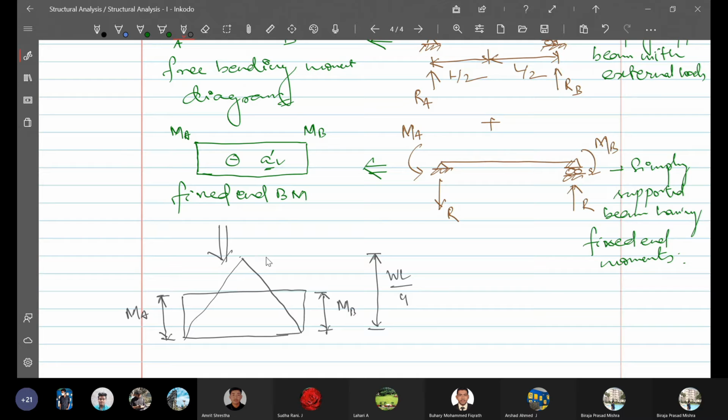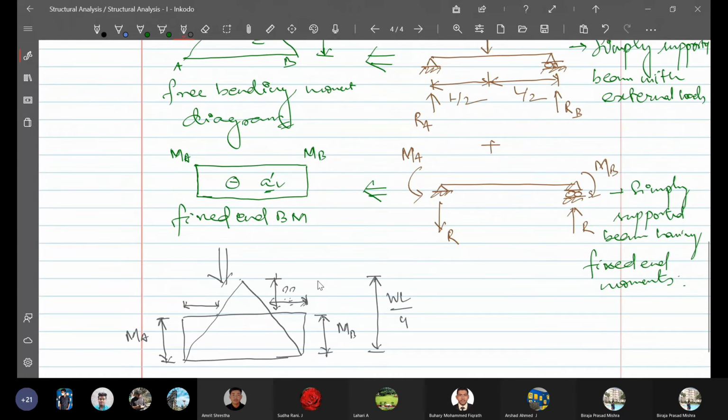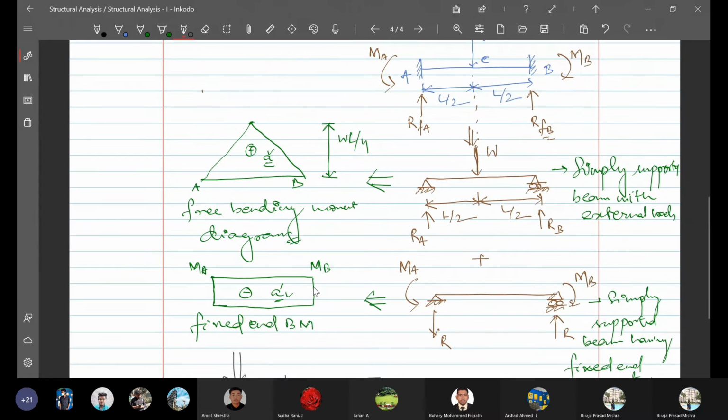But we don't know what this value is. And what is this length? Here it is cut. We don't know this length also, right? So these values we don't know.